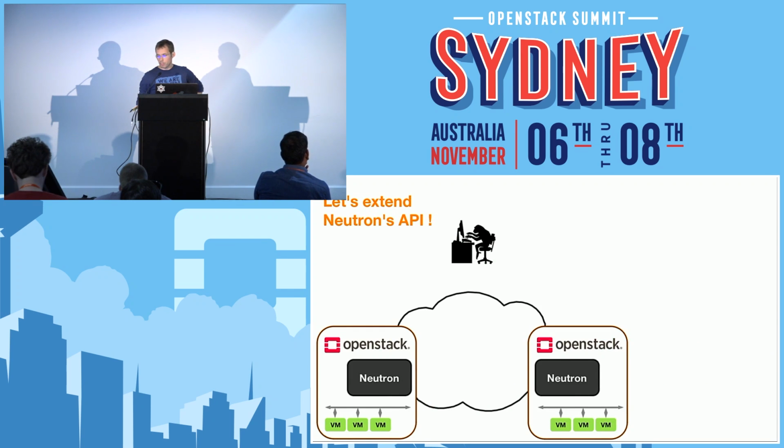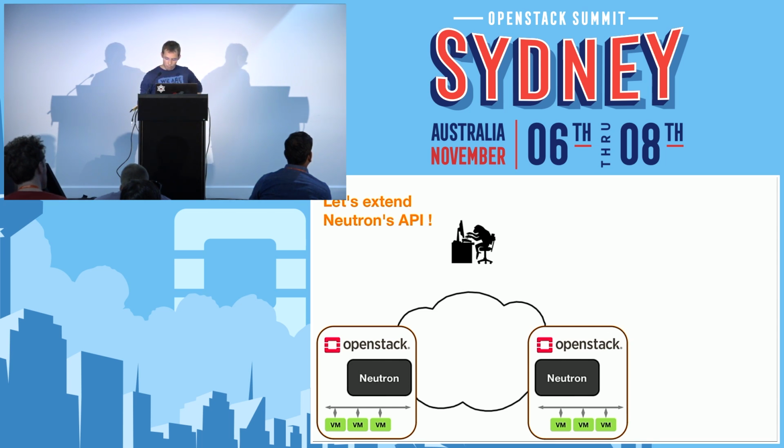What we propose to do is to deliver this kind of interconnection by extending Neutron's API. As you probably know, Neutron is the networking component of OpenStack, and it's actually a framework that's pretty much extensible with service plugins that you can introduce to add features and API extensions.